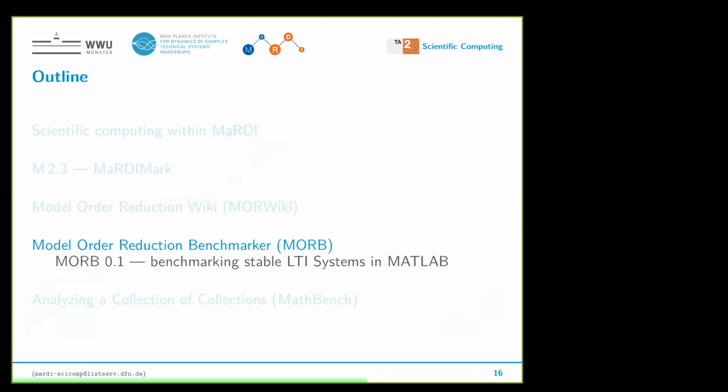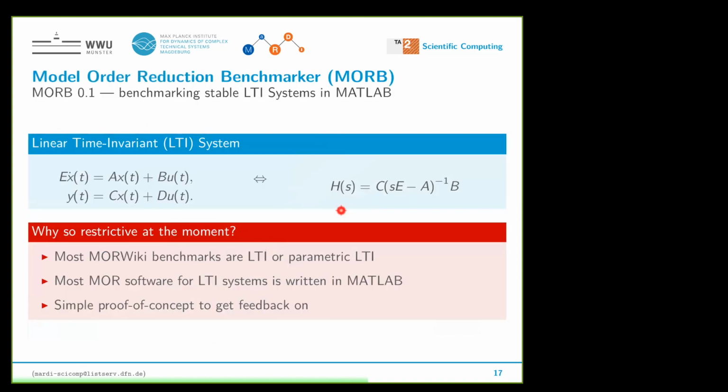Since the majority of the examples that we have in the model reduction wiki so far are somehow linear time invariant dynamical systems or parametric linear time invariant dynamical systems, either given in this formulation of an ordinary differential equation with some output equation, or in this form as a rational function in frequency space.